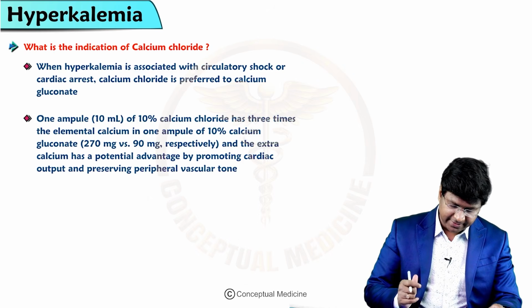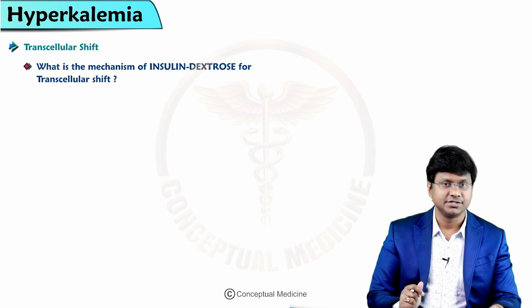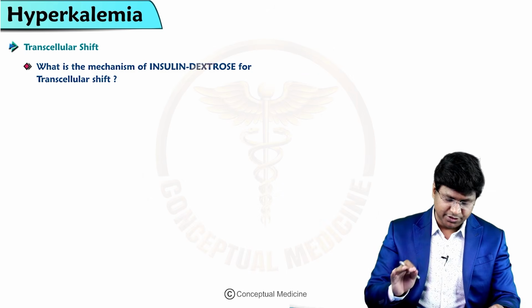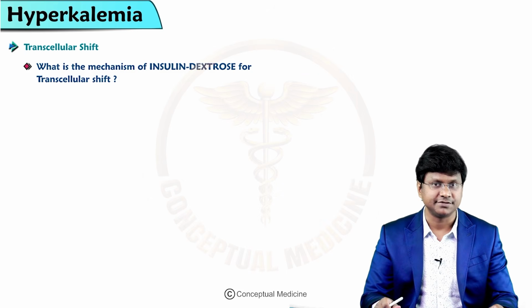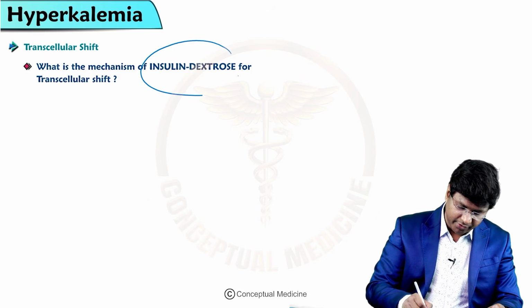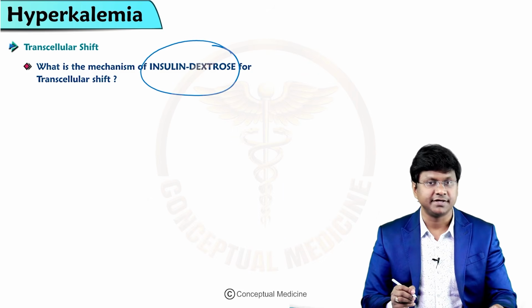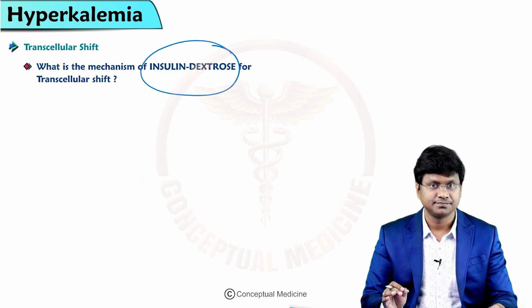Then followed by the membrane antagonism, you need to know the drugs which will cause the transcellular shift. The very important drug which will cause the transcellular shift is insulin and dextrose.